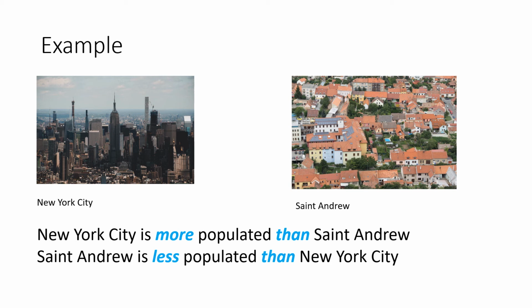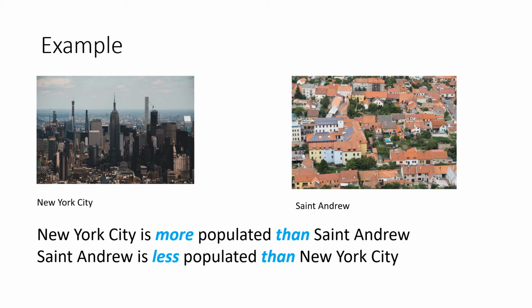But if we look at New York, it has a lot of skyscrapers. It has a lot of tall buildings. It has wide streets. It has one-way streets, something that St. Andrew may not have. So looking at this picture, we can say that New York is more populated than St. Andrew.